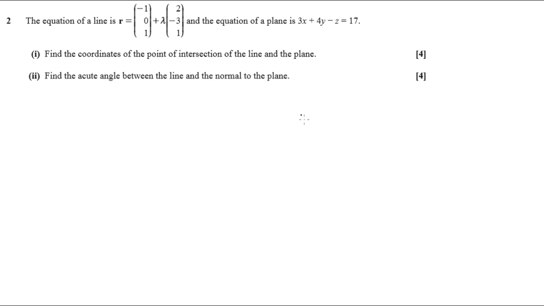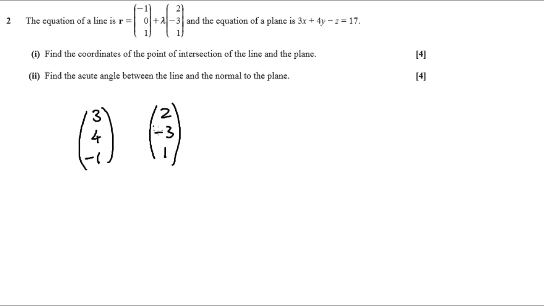And so that is the solution to the first part of the question. Second part of the question: find the acute angle between the line and the normal. The equation of a plane normal is just the prefix of the xyz values over here. So the normal vector would be a 3, a 4, and a -1 for the plane. And the line vector is the prefix of the lambda, which is a 2, -3, and 1.